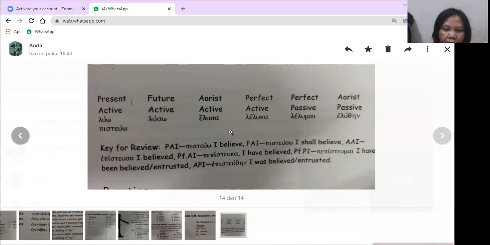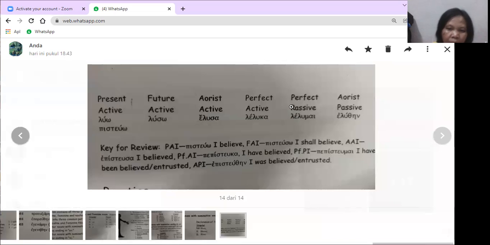In the perfect active indicative, it becomes pepisteuka. In the first form, use pe, and in the end, use ka. And the meaning in English, I have believed.